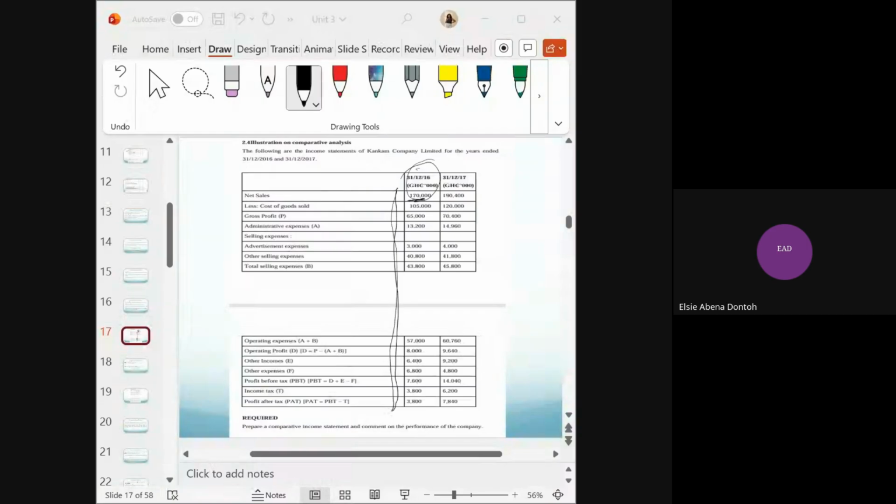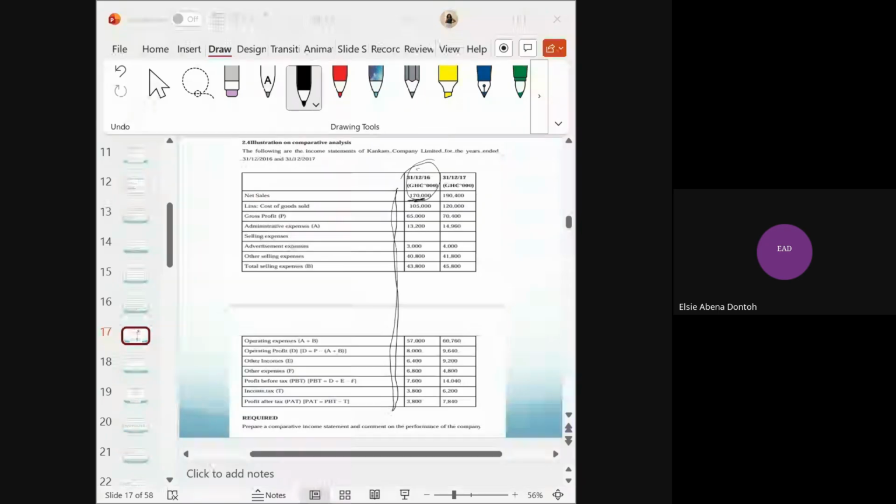When you see the 100% for the 100 and the 200 cedis that we got, you think it is more than the 105,000 and the 200,000 cedis. So that's why you always need the difference, that's the increase or decrease in absolute terms as well as percentage terms, because sometimes the percentage might be misleading.